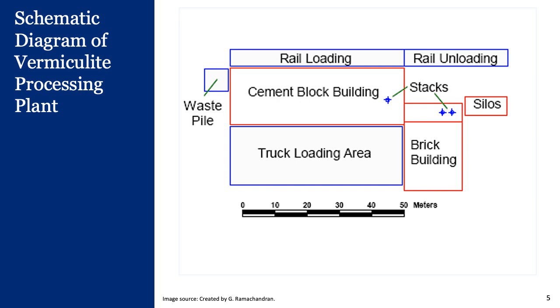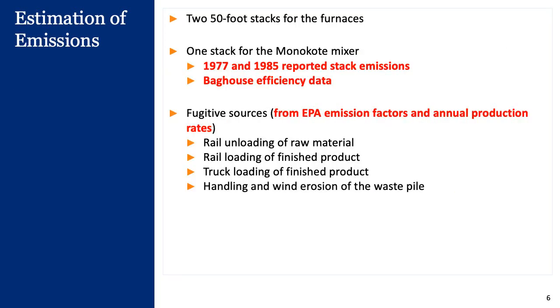From there, it is fed into these kilns that are essentially heating up the ore, and the emissions from this combustion process come out of the stacks that are shown here in the blue. There are three stacks. After the popcorn has been created, they go into the brick building and thereby onto the truck loading area, and they are loaded into these large trucks, which are then sent to other locations. There were two 50-foot stacks that were used in conjunction with the furnaces where the ore was heated up.